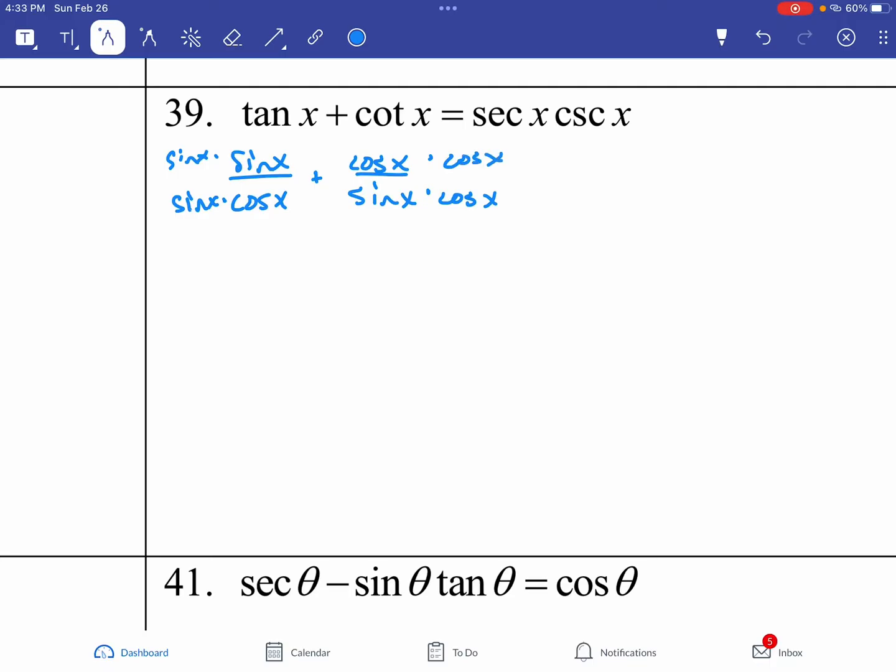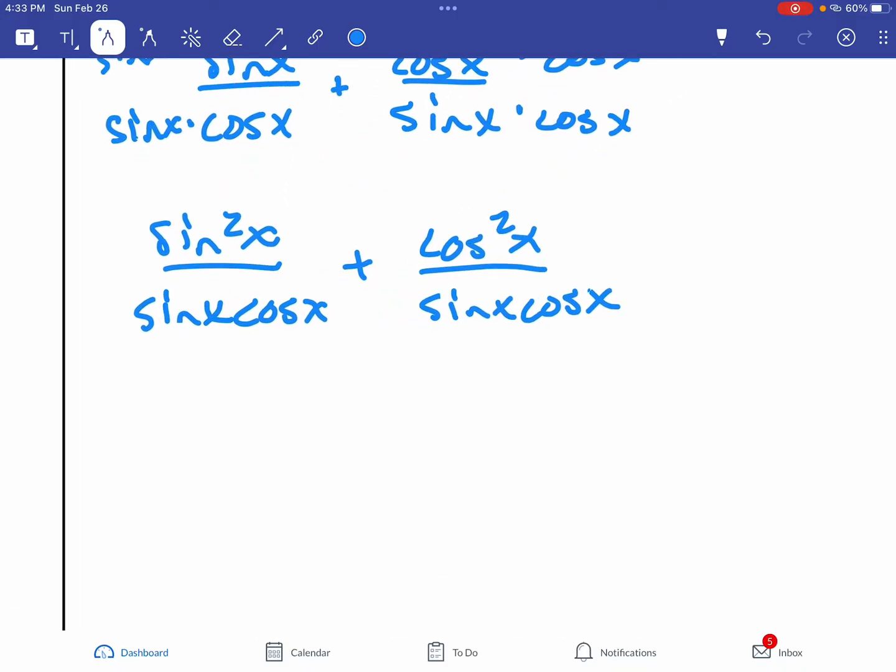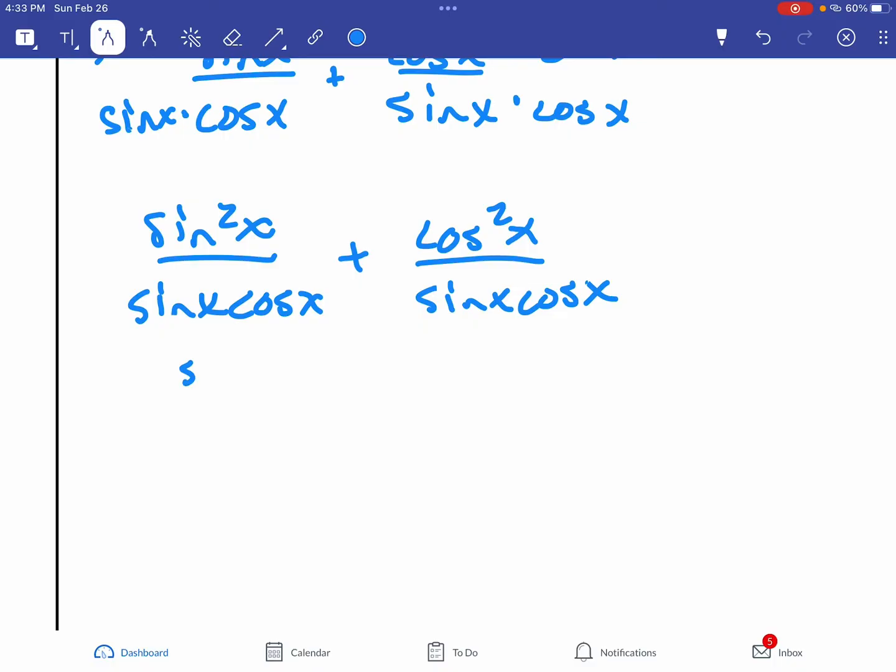Okay, when I do that, on the top of the first fraction, I'll have sine squared of x over sine x cosine x. On the second fraction, cosine times cosine is cosine squared over sine cosine. Now that I have a fraction with a common denominator, I can combine them.